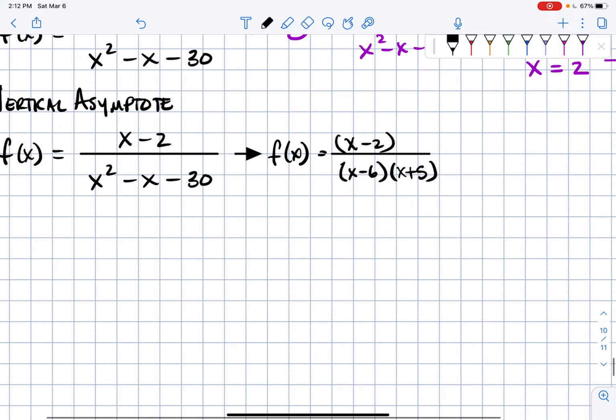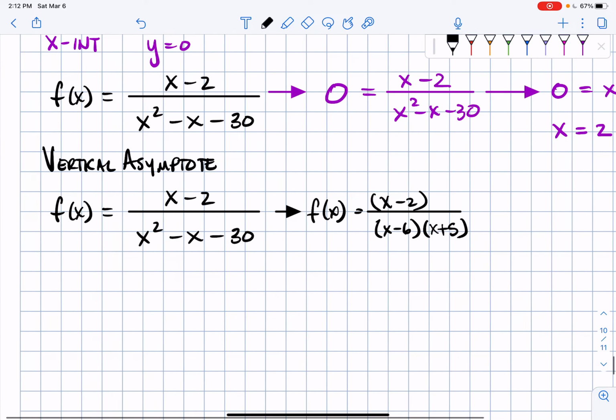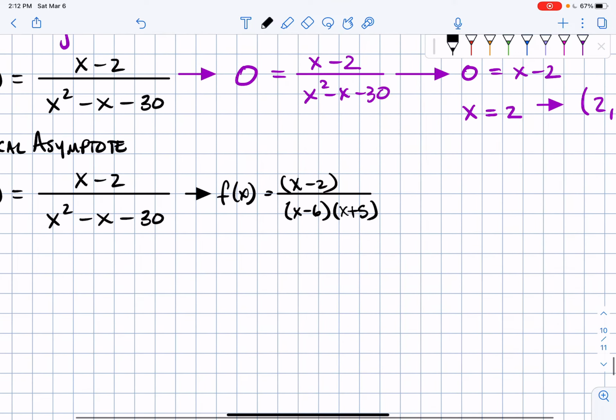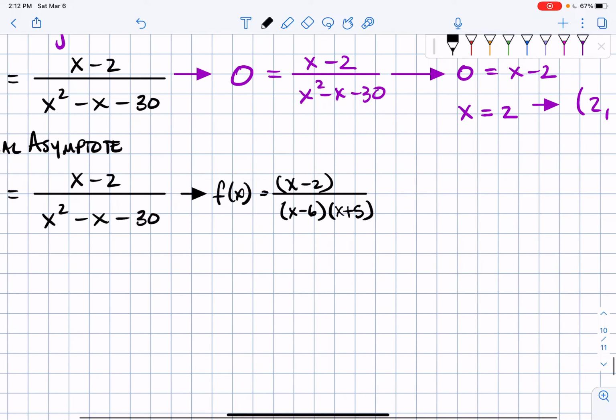Now I'm looking for restrictions. Basically I'm taking this and setting it equal to 0, so it tells me that x cannot be 6 and x cannot be negative 5, right?